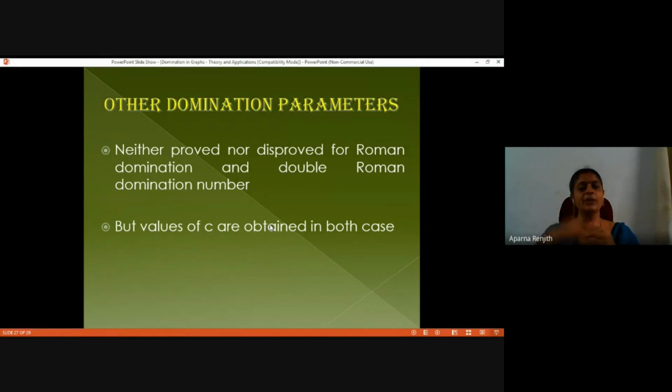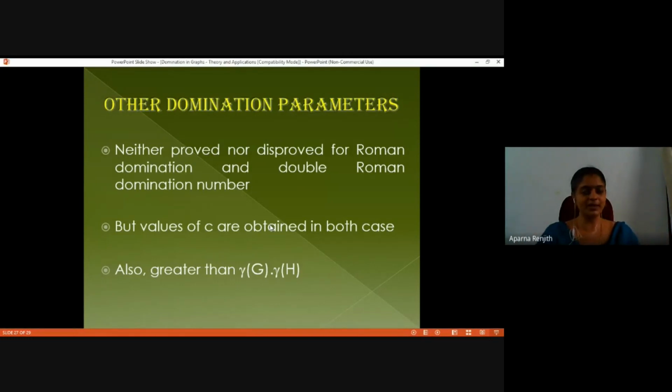In the case of double Roman domination number, you have to find a C which is greater than 1 by 6, or prove that it can be equal to 1 by 6 times gamma dR of G into gamma dR of H. And also for these two parameters, it has been proved that the Roman domination number of the Cartesian product of G and H is greater than or equal to the product of domination numbers of G and H. Vizing's type means we need to take the product of the Roman domination numbers of G and H.